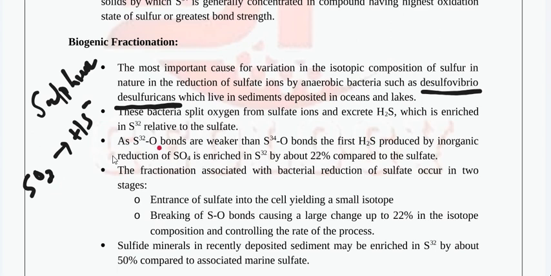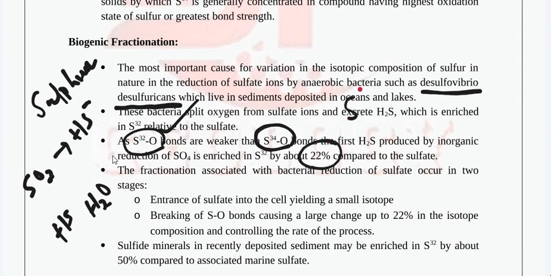But between the S32-O bond and the S34-O bond, the S32-O bond is weaker. So the first H2S produced should be enriched in S32, because 32 is easily broken. The first H2S produced is 22% more enriched in S32 than S34.